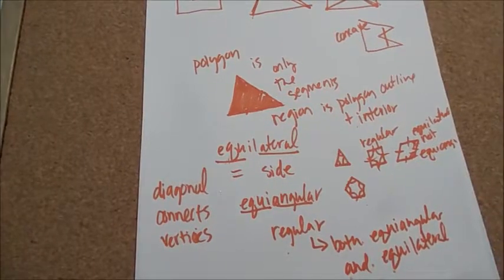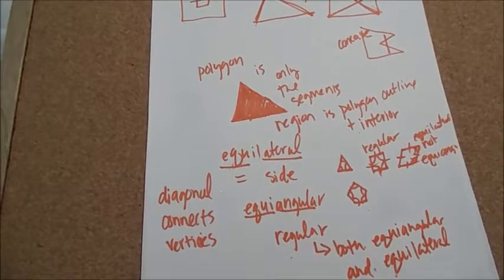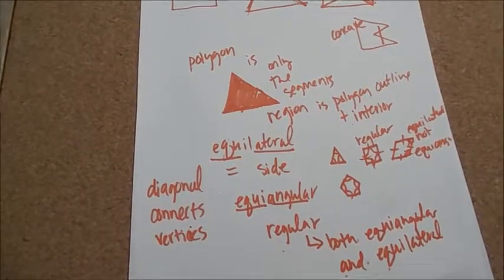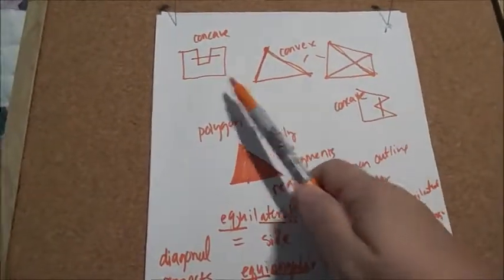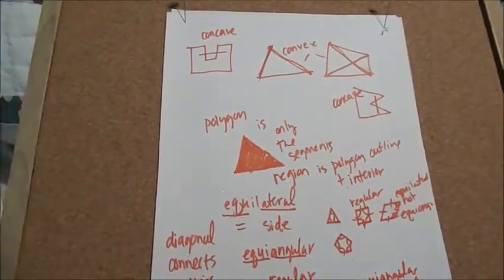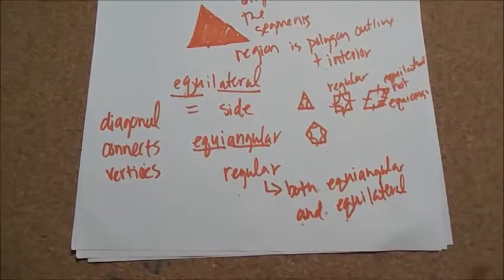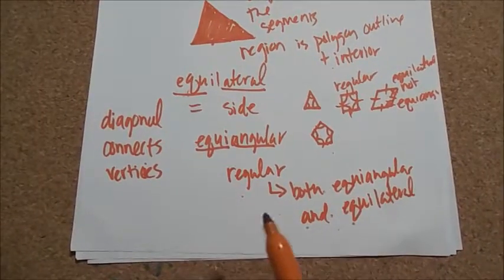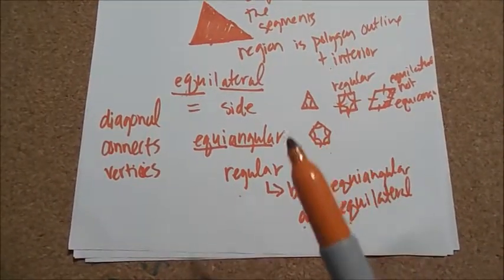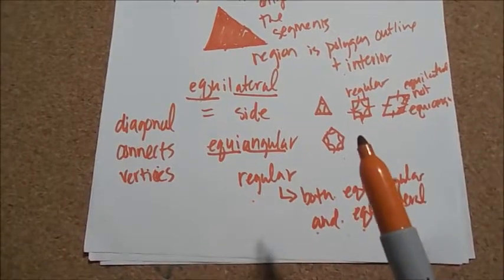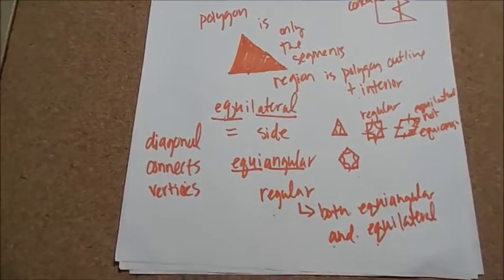You need to memorize all those names. As convex or concave, you should be able to look at it and decide if it's concave or convex. You also have to know whether something is regular or not. Regular, in my opinion, just makes it look perfect. You'll have equal sides and equal angles.